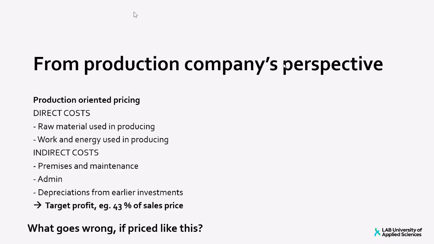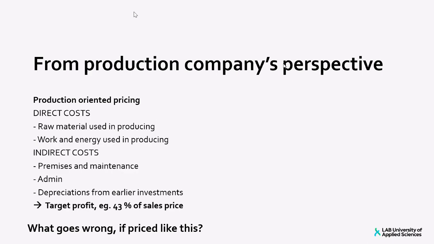When we look at this from the point of view of the company producing a service or product, they see the direct costs that we have been talking about during this course: the raw materials, the people who are working to get the product or service ready, and also some energy, for example in a factory, depending on the production.